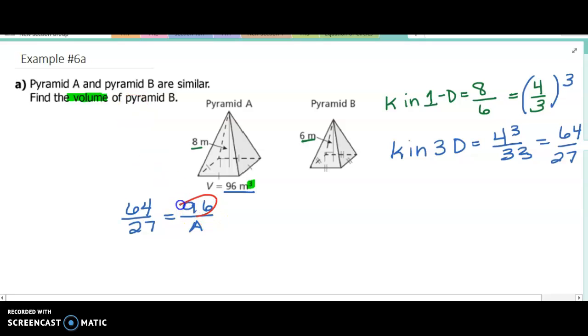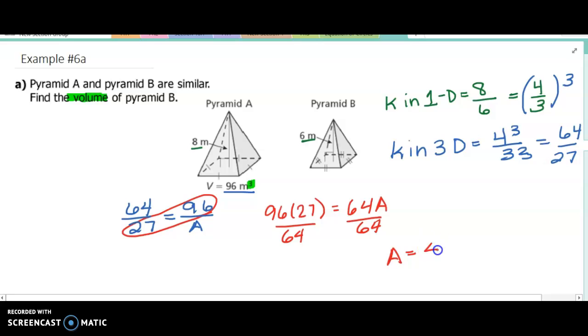Okay, now I just need to solve this. So 96 times 27 equals 64a. Divide by 64. So 96 times 27 divided by 64. I get A equals 40.5, and that would be meters cubed.